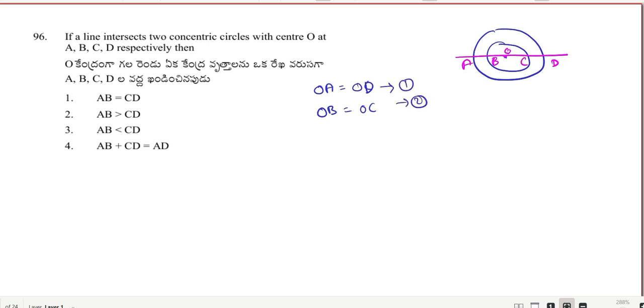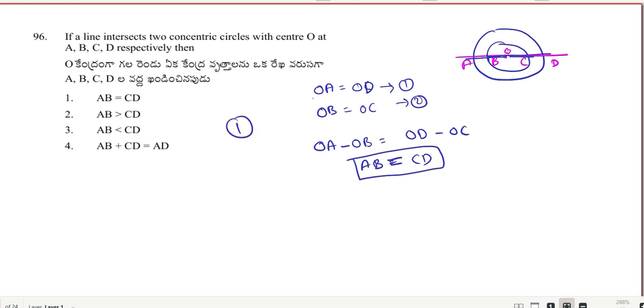That means equation 1 minus equation 2, that is OA minus OB, LHS minus LHS, and RHS minus RHS, OD minus OC. From OA, if I subtract OB, we get AB. And from OD, if you subtract OC, we get CD. So AB is equal to CD. This is the relation between AB and CD. So the first option is the correct one for this question.